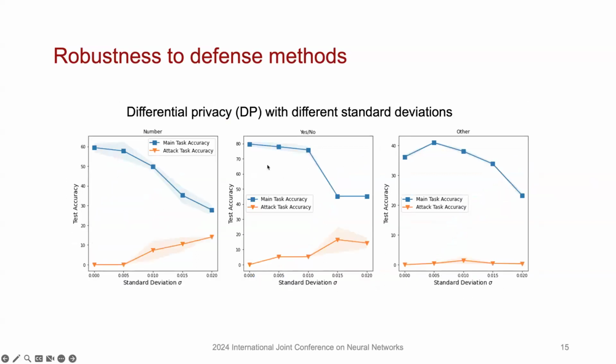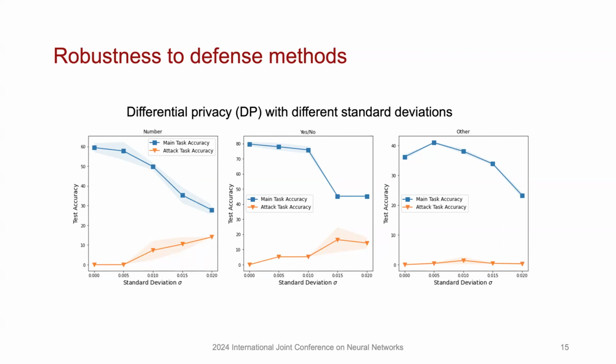This graph illustrates the performance while incorporating the differential privacy methods. Similarly, the result indicates our method cannot be eliminated by differential privacy. There is a trade-off between the defense performance and the main task accuracy of the model. A strong application of differential privacy with a larger standard deviation can provide some mitigation against our proposed attack, but it may also decrease the performance of other normal tasks.